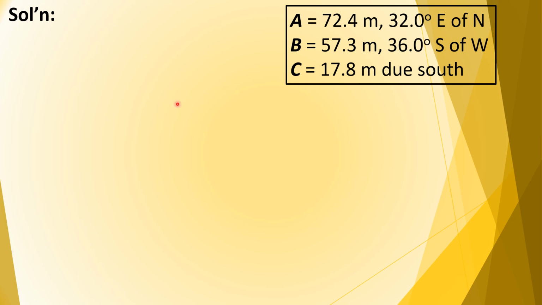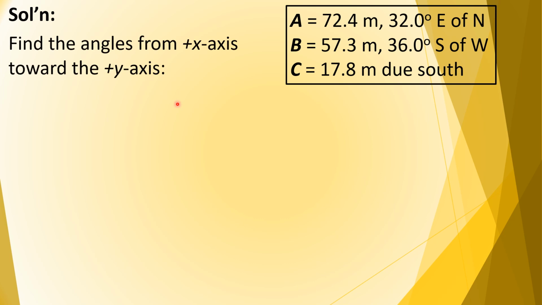So for our solution, we first find the angles from the positive x-axis towards the positive y-axis. For vector A, the angle is simply the difference between 90.0 degrees and 32.0 degrees, and that is equal to 58.0 degrees.